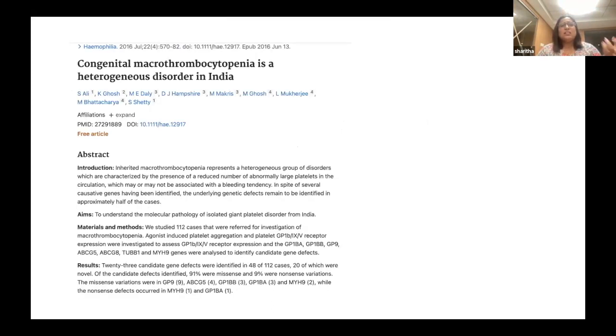This congenital macrothrombocytopenia is not only seen in northeastern India, it is also seen in the northern part of India. The pictures I shared in the beginning are all from the North Indian population. So that shows it is not very uncommon, and the clinician should be aware of this condition to treat the patients adequately.